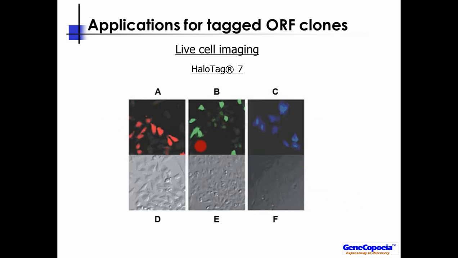And that exact example is shown here. This is data from our research and development department, where we transfected HEK293 cells with proteins containing the halo tag, but they're coupled with different ligands that fluoresce either red, green, or blue. And it's the same protein with the same tag.